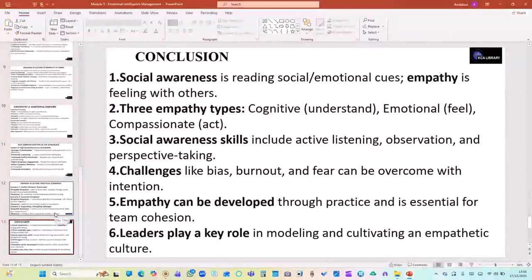In conclusion, social awareness is reading social and emotional cues. Empathy is feeling with others. Three empathy types are cognitive, that is understanding; emotional, that is feeling; and compassionate, the act to help.